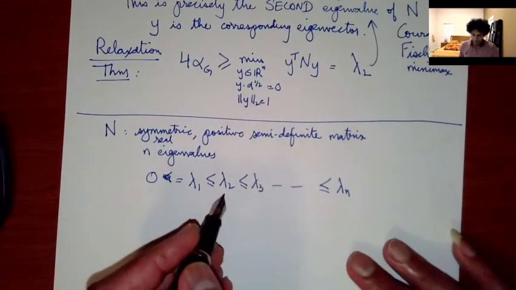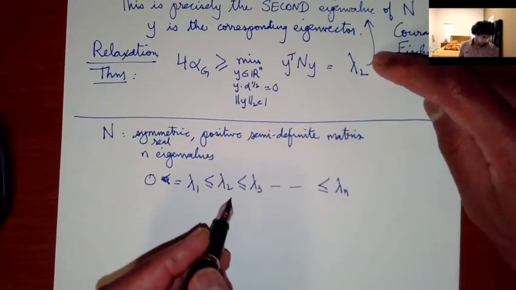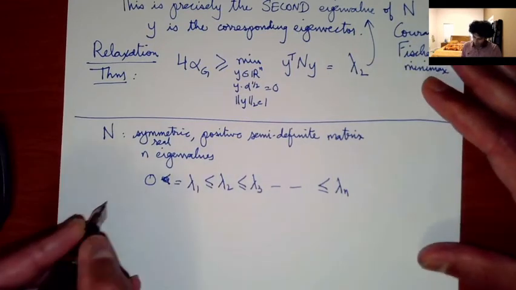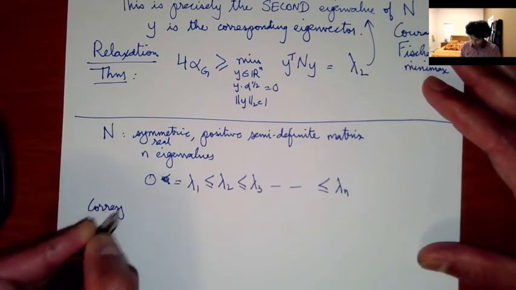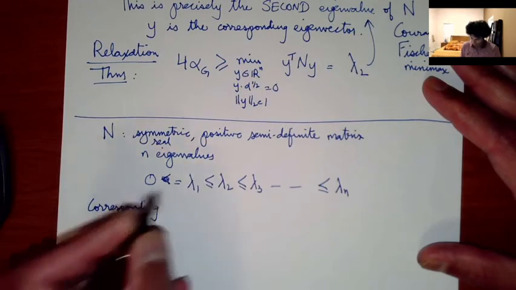The second eigenvalue is the relaxation. And there are corresponding eigenvectors.